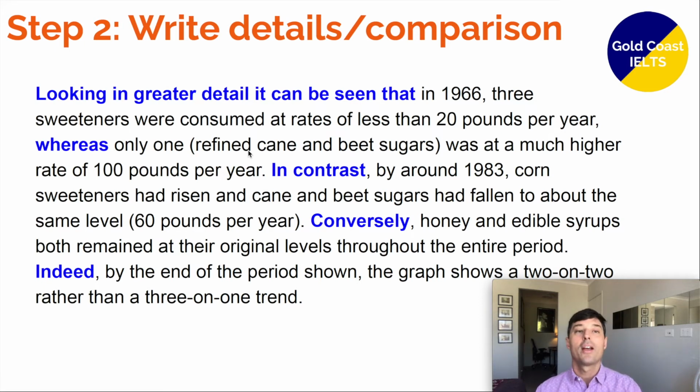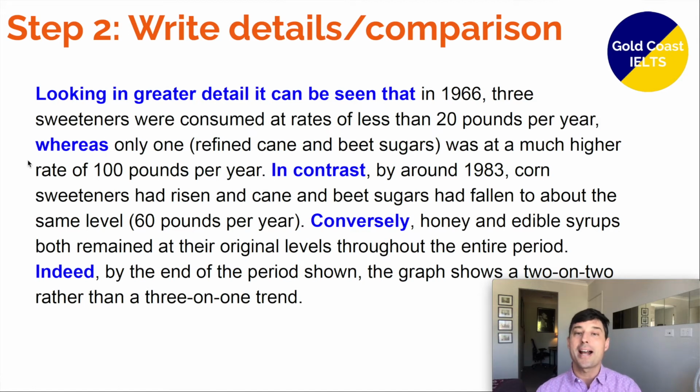Let's take a look. Looking in greater detail, it can be seen that in 1966, 3 sweeteners were consumed at rates of less than 20 pounds per year, whereas only 1 was at a much higher rate of 100 pounds per year.